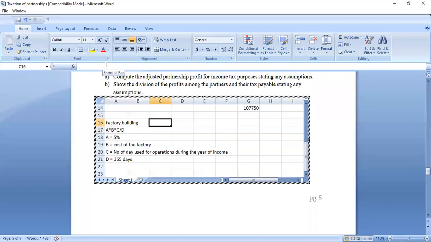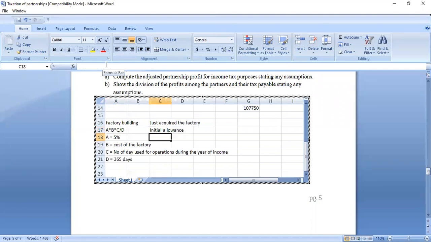Okay, then the scenario where you just acquired the factory. If you have just acquired it, maybe you have just bought it or you have just constructed it, we have what you call an initial allowance. Okay, we don't depreciate in that year or in the year you acquire the asset. We just give you an allowance, initial allowance.